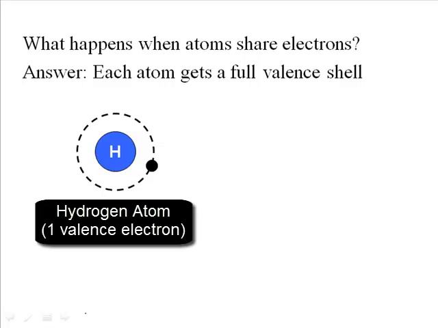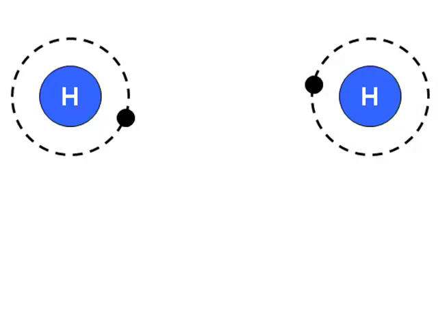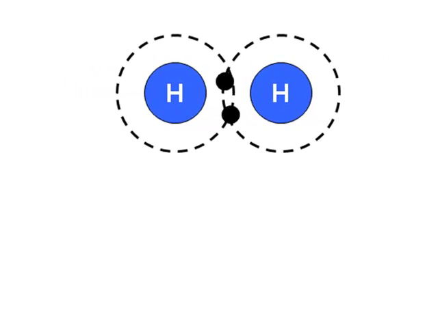But another option for this hydrogen atom is to find a second hydrogen atom that also needs one more electron. When these two hydrogen atoms get into close proximity with each other, their valence shells can overlap. When their shells overlap, each hydrogen has access to two electrons.